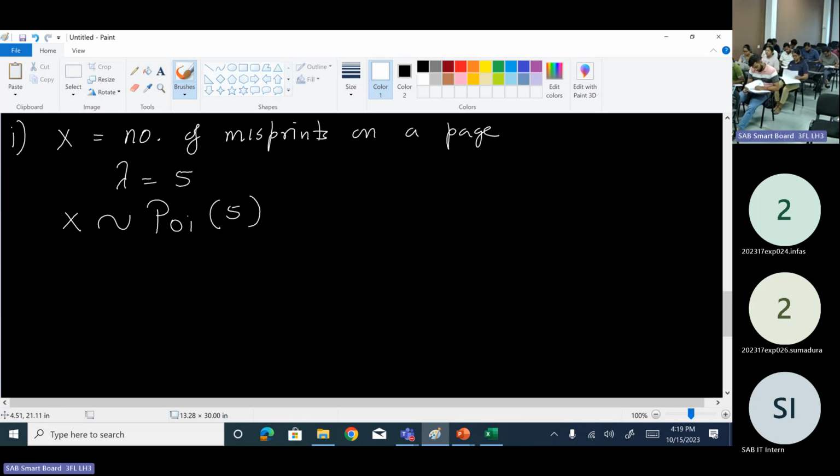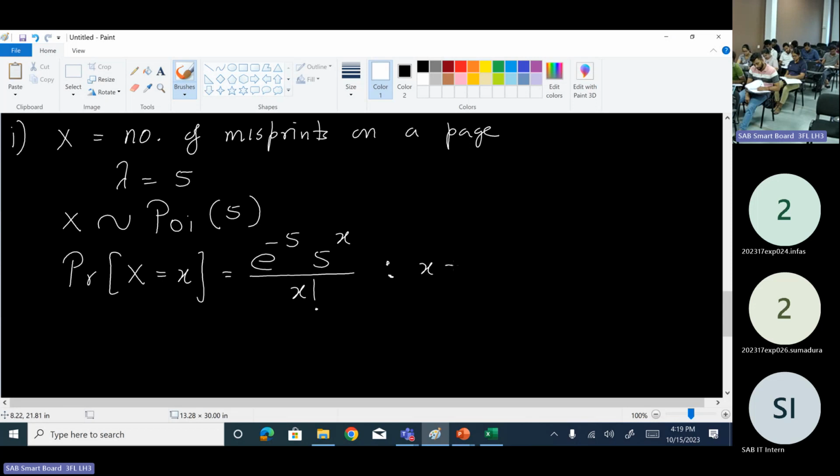Now we can write down the probability function. P of X equals x is e to the power of minus lambda, lambda to the power of x over x factorial. What values can x take? X can be 0, 1, 2, 3, and so on. So what are they asking us?